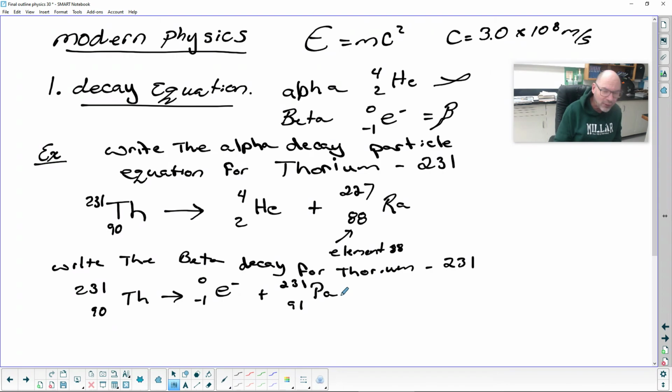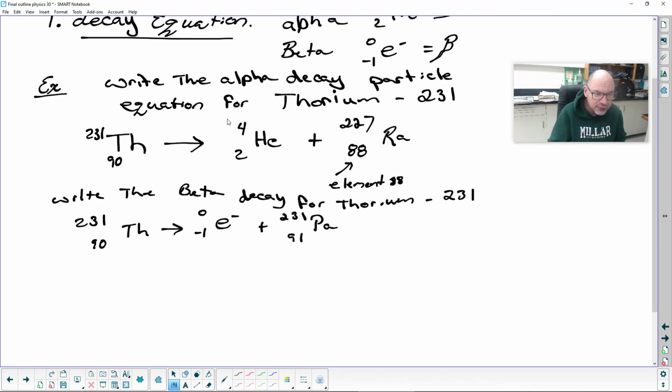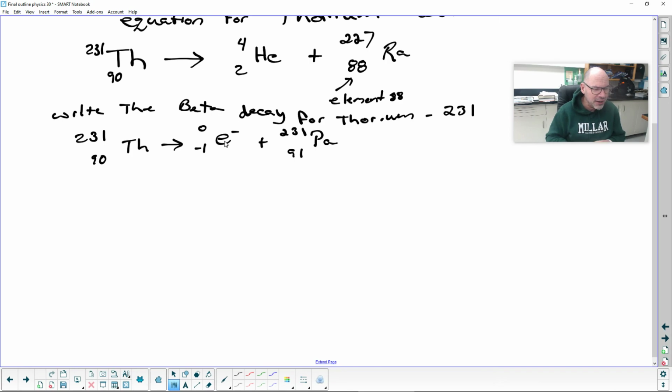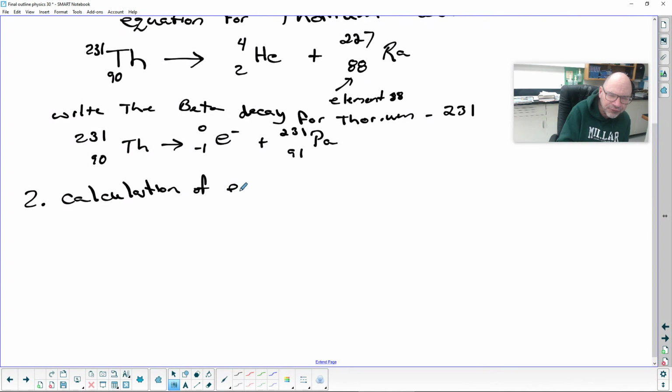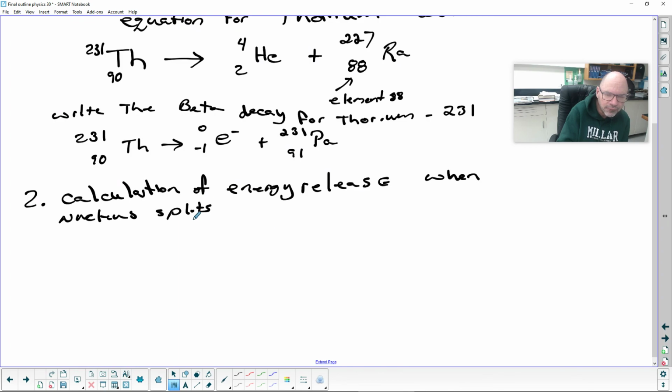Okay, the next type of question, 2 more to go here. So I'm going to do a binding energy and a nuclear equation energy in there. So we'll do an example of how that happens. So calculating energy release, using when a nucleus splits, or when a nucleus binds?